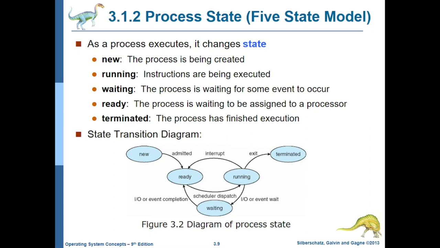A ready process can be dispatched to the running state by the scheduler. A running process can be interrupted by an event and moved to the waiting state or to the ready state. A waiting process can complete its event and move to the ready state. A running process can exit and move to the terminated state.